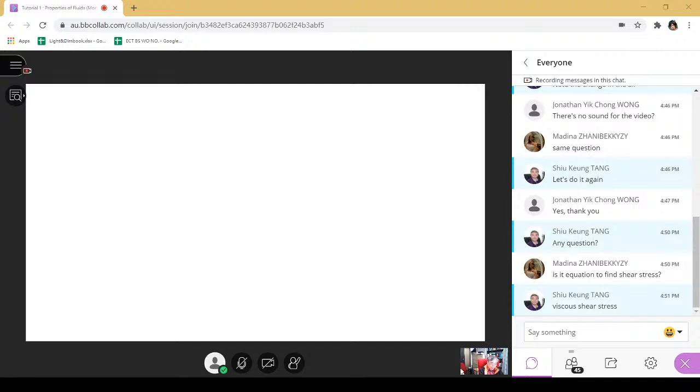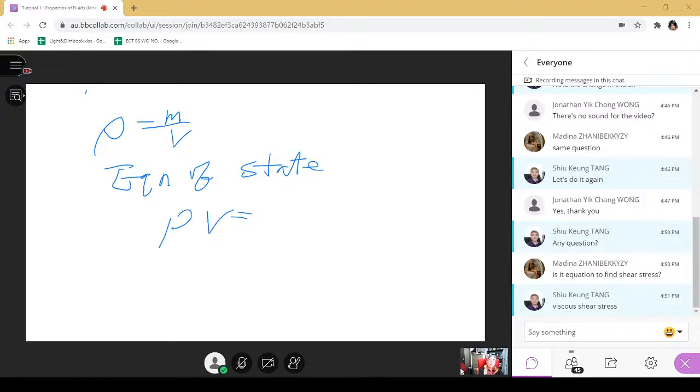Now we have the equation of state. Density is equal to mass divided by volume. The equation of state is PV equal to nR_uT. In some situations this is mRT.